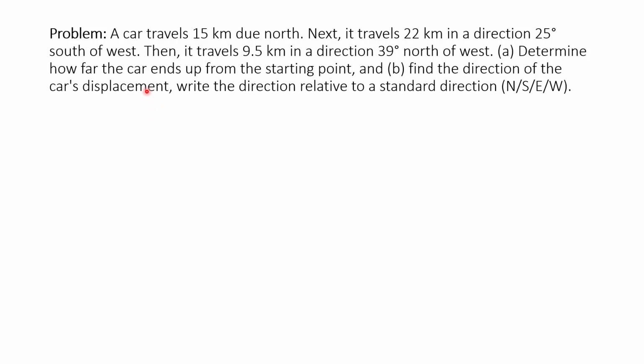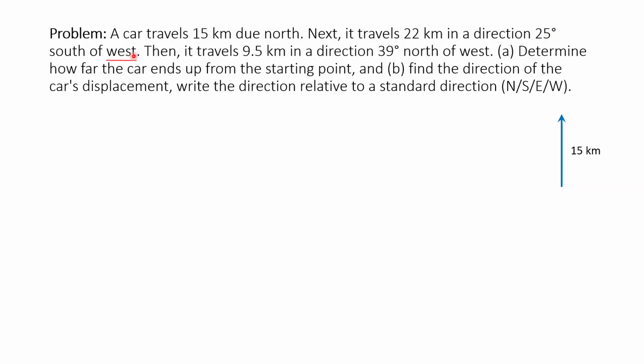The car makes 3 displacements, this one, and this one. Let us draw the displacement vectors. First, 15 kilometers due north. North 15 kilometers. Next, 22 kilometers in a direction 25 degrees south of west.